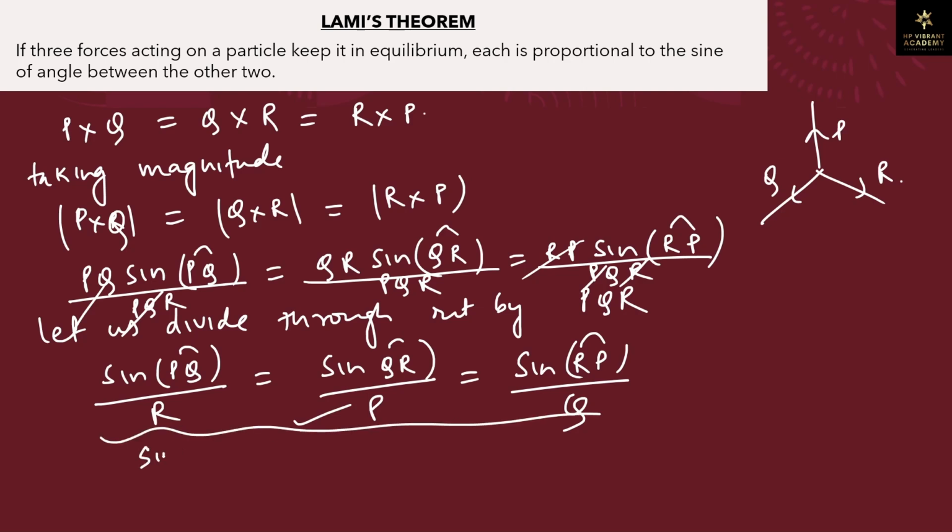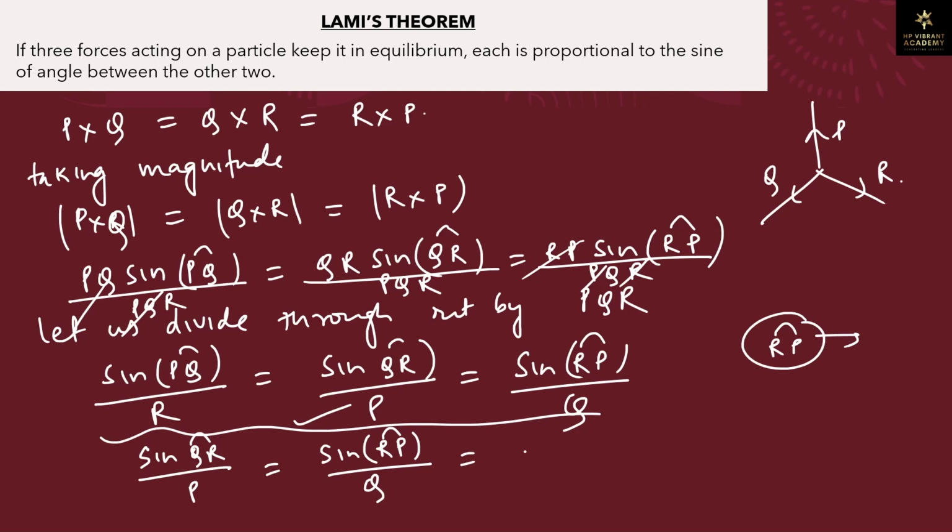We have sine of QR upon P, where QR is the angle between Q and R, is equal to sine of RP upon Q, where RP is the angle between R and P, is equal to sine of PQ upon R. Let us further simplify this.